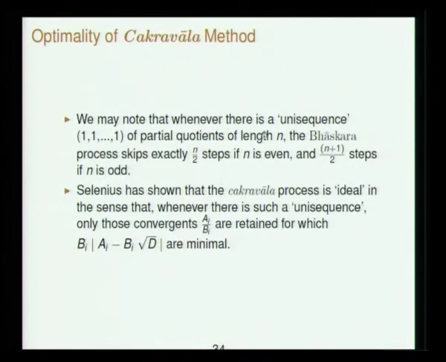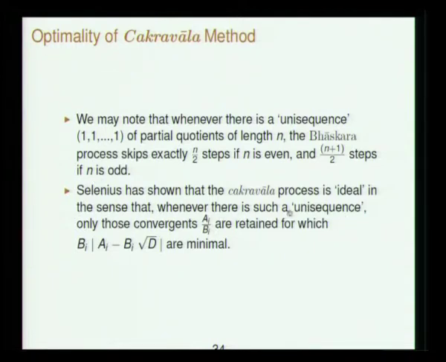Whenever you have a uni-sequence of partial quotients of length n, the Chakravala process skips exactly n by 2 steps if n is even, and n plus 1 by 2 steps if n is odd. So that is at the heart of the Chakravala process.